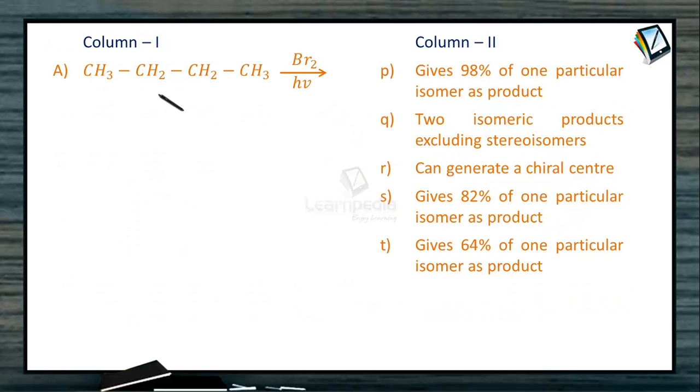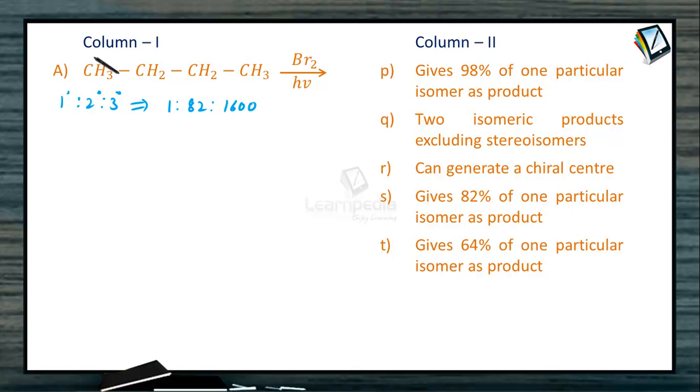It is the first alkane, and that is subject to bromination. And we know that the reactivity of the primary, secondary and tertiary hydrogens towards bromination is 1 is to 82 is to 1600. So first here we are calculating the percentage of the various products formed. Here there are two different products possible because we can replace either the primary hydrogens or the secondary hydrogens.